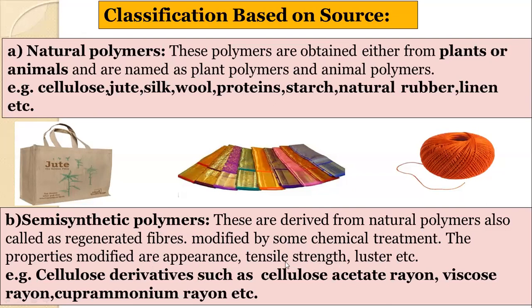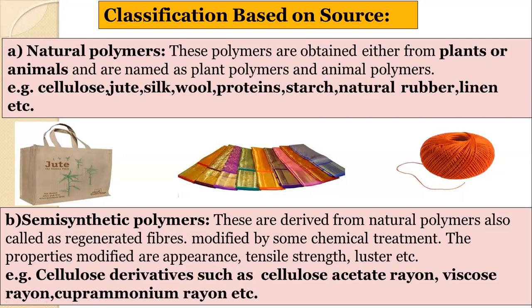So all these properties are modified, and the prepared polymer is called a semi-synthetic polymer. Semi means half, and synthetic means prepared in the laboratory. So 50% they are natural, and 50% their appearance is changed due to some chemical treatment.